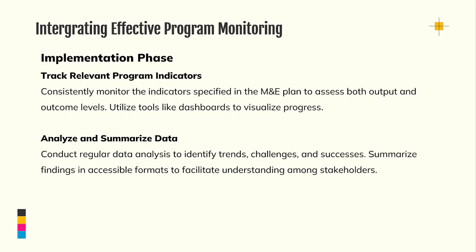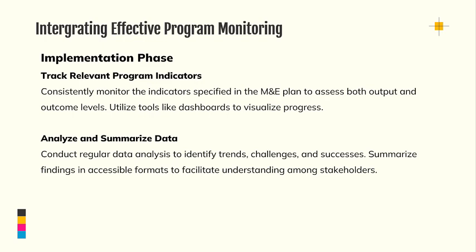Then when you are in the implementation phase, how do you integrate effective program monitoring? You need to track relevant program indicators. Consistently monitor the indicators specified in the M&E plan to assess both the outputs and the outcome levels. You can develop dashboards to visualize the progress, and indicator tracking tools to track how you're moving as a project.